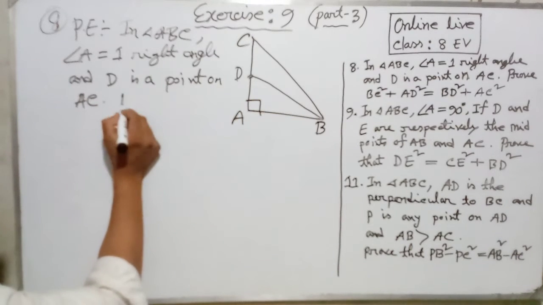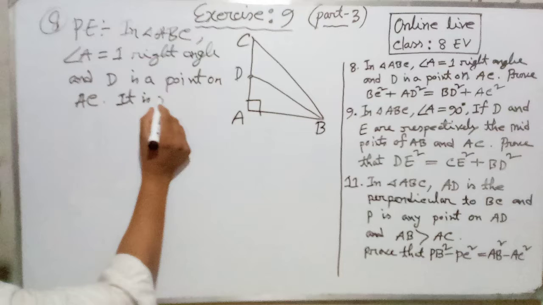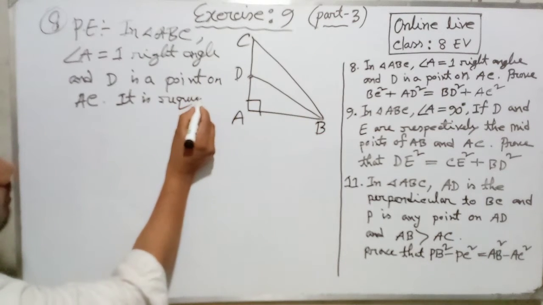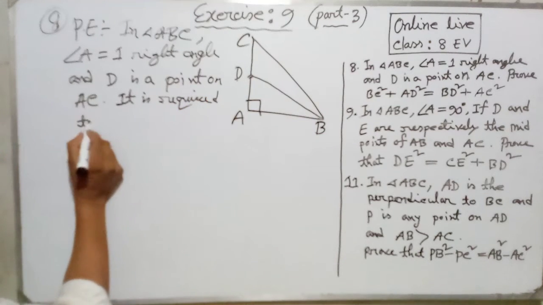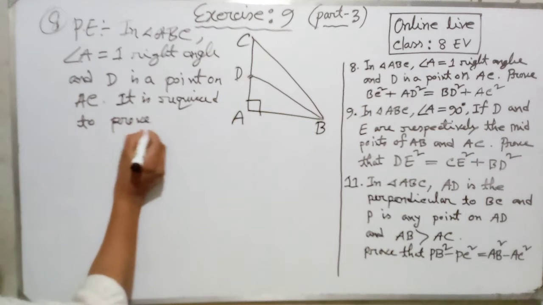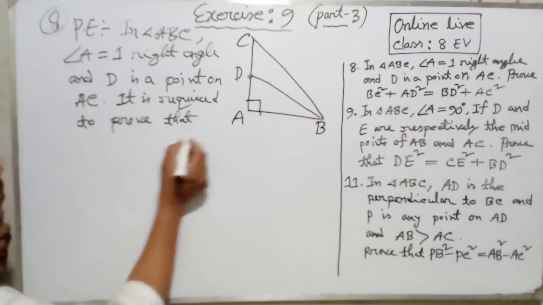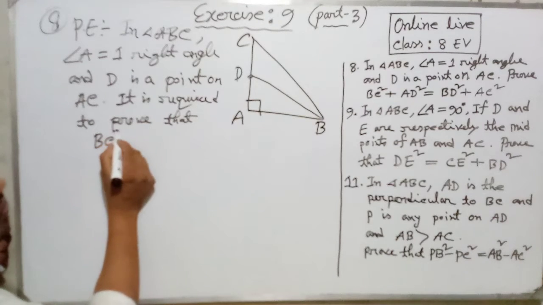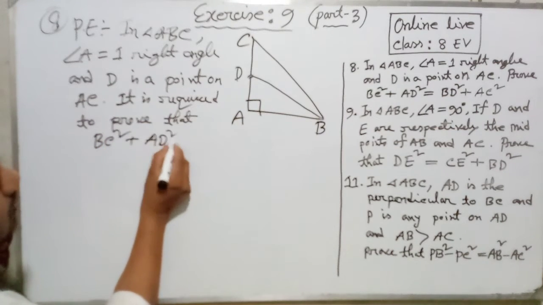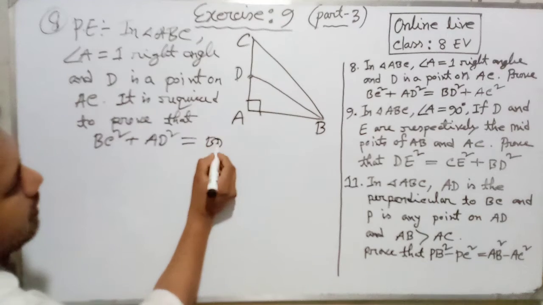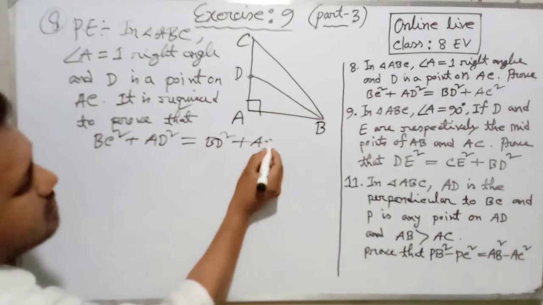Now we have to prove that, so we can say it is required to prove that BC square plus AD square equals BD square plus AC square.